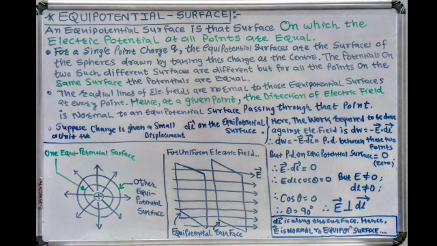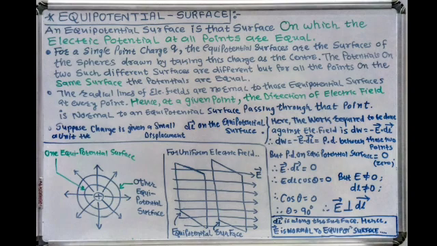Here we are taking the unit positive charge, so dl is the displacement. Now the work required to be done against the electric field is given by dW is equal to minus E dot dl, that is the potential difference between those 2 points.